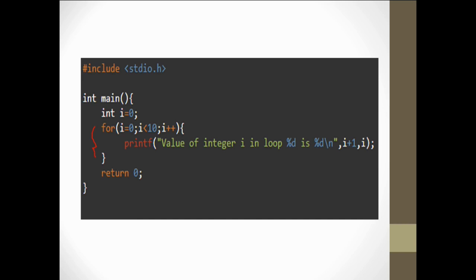Only one statement is there inside the for loop. Now I use one variable I, and I have assigned a value to that variable. According to that you have to check how many times it will print this statement, or whether it will print this statement or not. So you have to check what will be the output of this program.